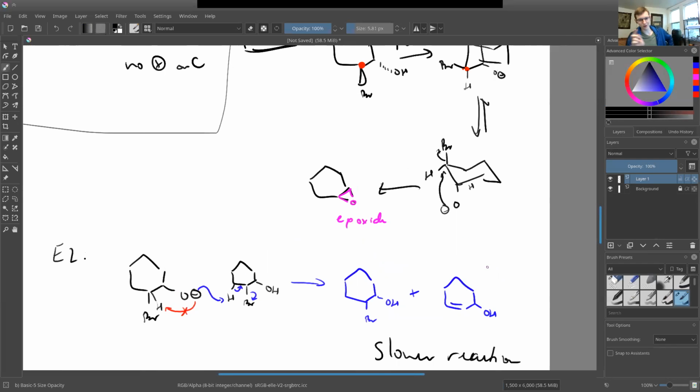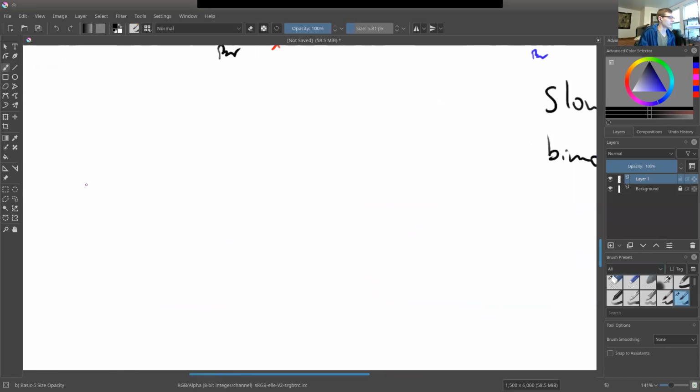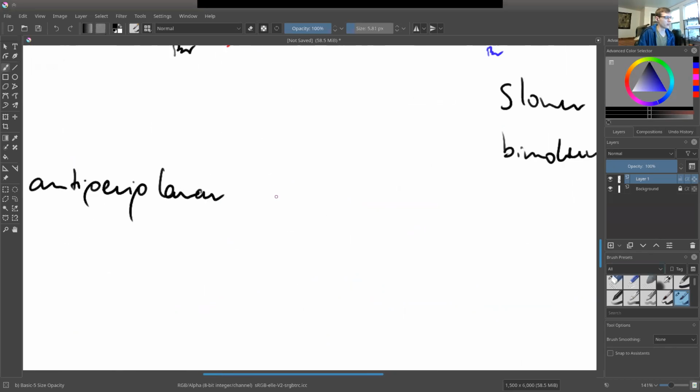So be careful with those two terms. This is kind of a case where it's confusing, right? Because yes, these two are anti-periplanar. But anti-periplanar is good for E2.